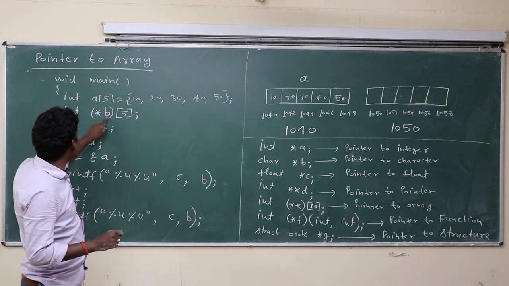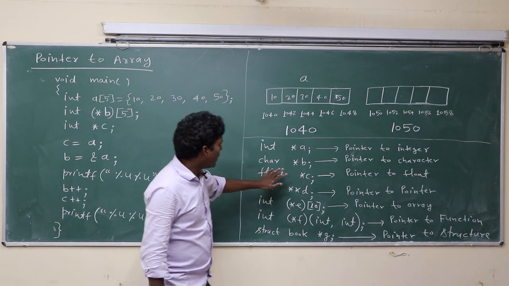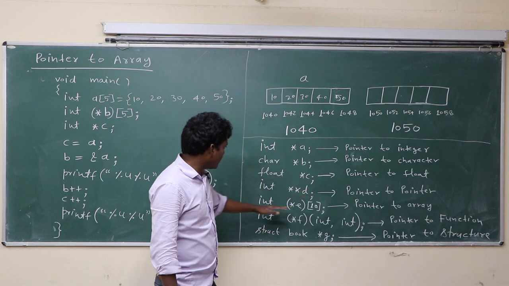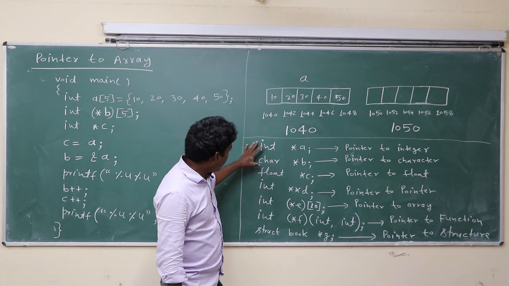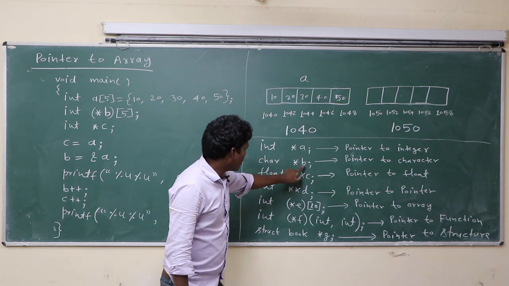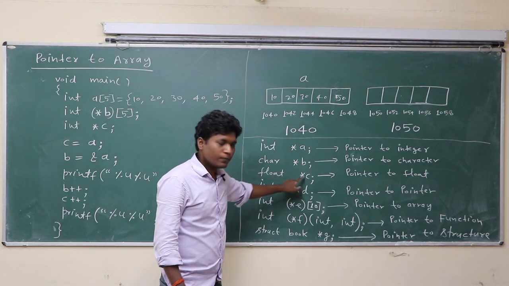Class, B is pointer to array. Here class, we will study about these concepts. Some of them you already know. Here A is a pointer to integer, B is a pointer to char, C is a pointer to float.